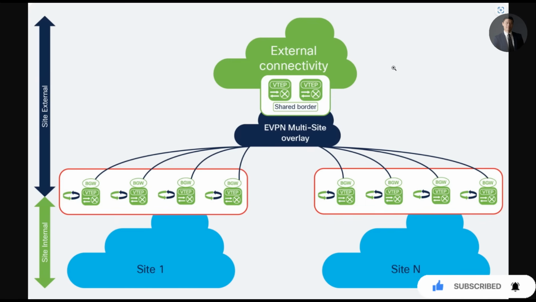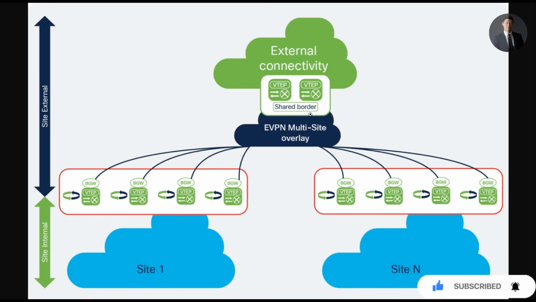This allows me to share these services through these devices, and provides a means to cross the border from the inter-site fabrics, like site 1 to site N, to the internet or external connectivity. That's right. This is what we call shared border.